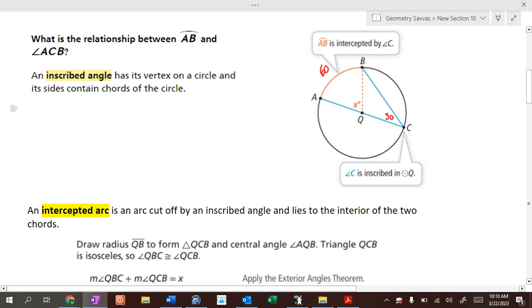But we need to write down the definition of an inscribed angle first. An inscribed angle has its vertex on the circle and its sides are the chords of the circle. So an inscribed angle has its vertex on the circle and its sides are chords of the circle.